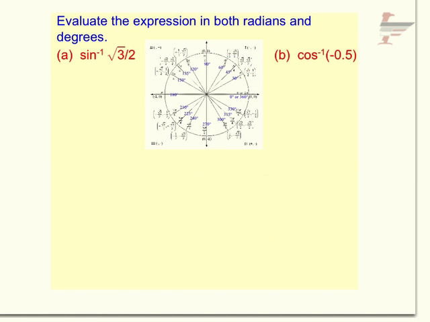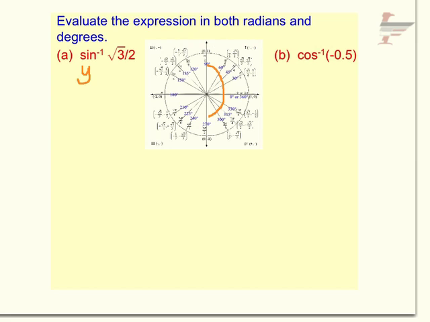So what are you going to be doing? You're going to ask yourself, where is inverse sine of the square root of 3 over 2? Remind yourself first that sine is y, and then right away think about your restrictions. Sine is restricted to quadrants 1 and 4, so I'm going to highlight that on my unit circle.